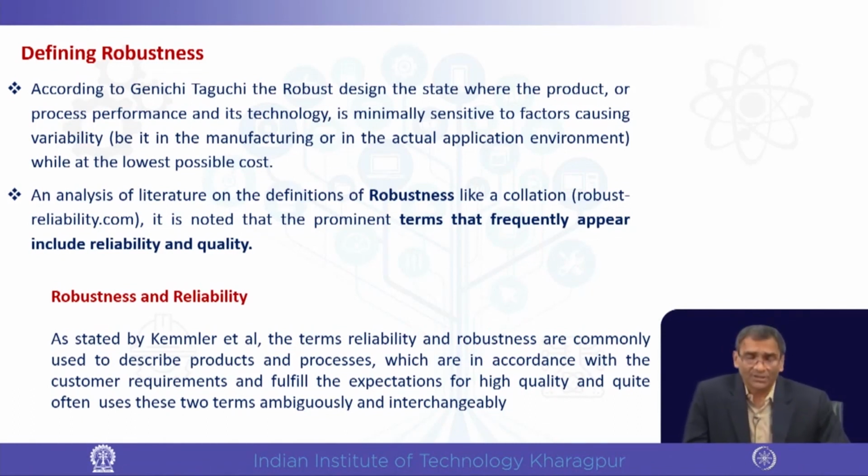Also, Kemmler has observed that the terms reliability and robustness are commonly used to describe products and processes which are in accordance with the customer requirements and fulfill the expectations of high quality, that is good quality, and quite often uses these two terms ambiguously and interchangeably. So, they make no distinction, though technically there is a distinction, but that is why irrespective of those concerns we will deal both, so that we understand that the entire gamut is covered. So, there is no further complication in the discussion.